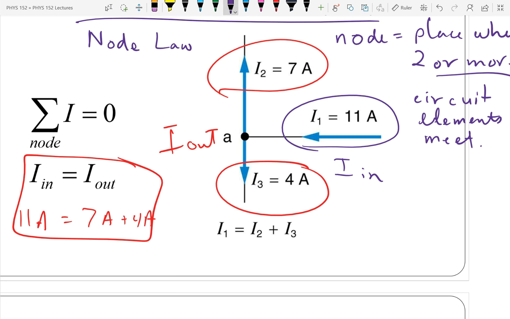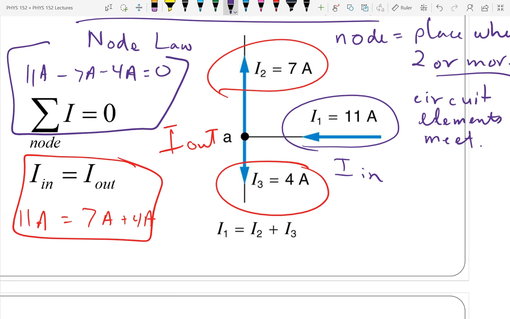Or I could have said the sum of the currents, I'm going to say coming in is positive, so I'd have 11 amps in minus 7 amps out minus 4 amps out equals 0. Those are two applications of the current law on the same node. They're both true statements. We can all look at that and say, yep, 11 minus 7 minus 4 is 0. And yep, 11 equals 7 plus 4.